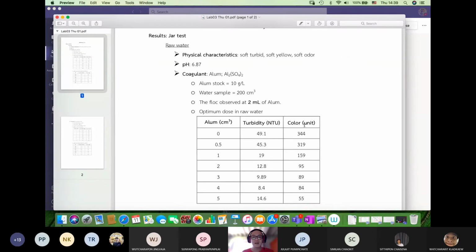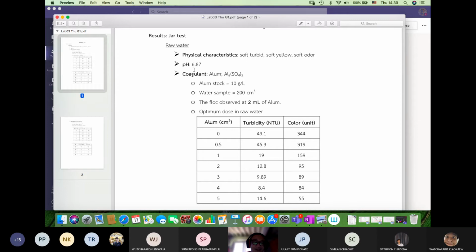This is the raw data that were collected from the lab. I'm not sure if it was last year or 2 years ago. My assistant prepared it.